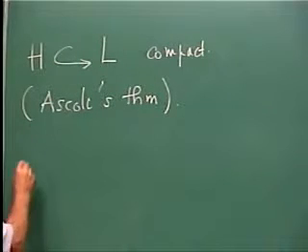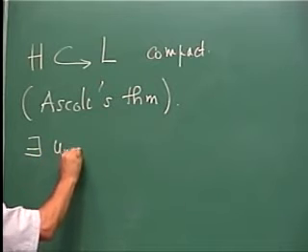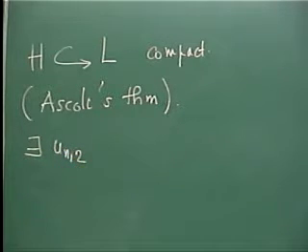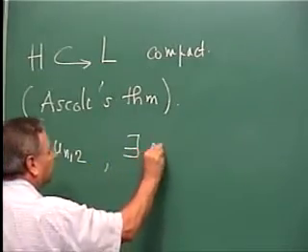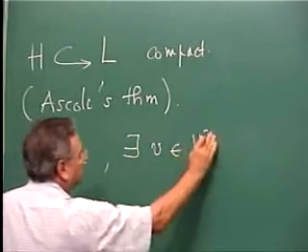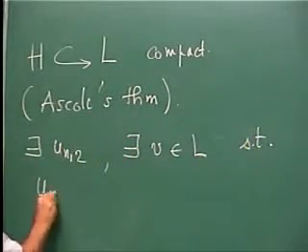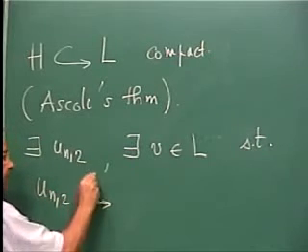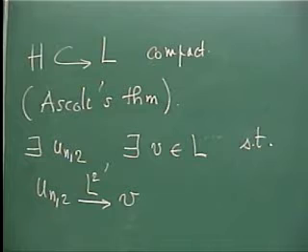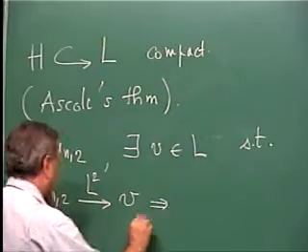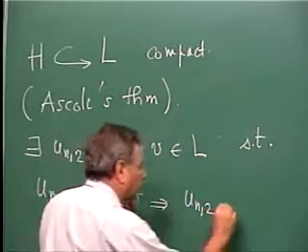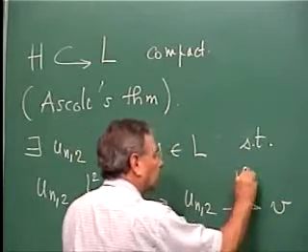Okay, so this tells you that there exists another subsequence, a subsequence of u_{n,1}, and there exists some v in L2 such that u_{n,2} converges in L2 to v. Okay, so now you have two things that you have to use. The first is easy. This implies that u_{n,2} converges weakly to v in L2.